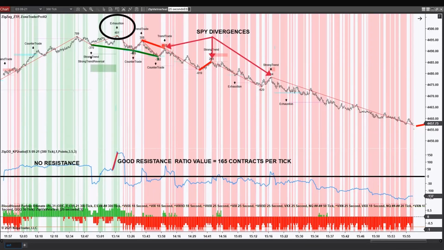And I think this is why we see so many of these divergences occurring on the stocks and not as many on the ES. And like I said, this manipulation happens in all the stocks. So we see this huge statistical advantage when we have divergences in both the ES and the SPY. I'm going to be doing a video on that shortly.